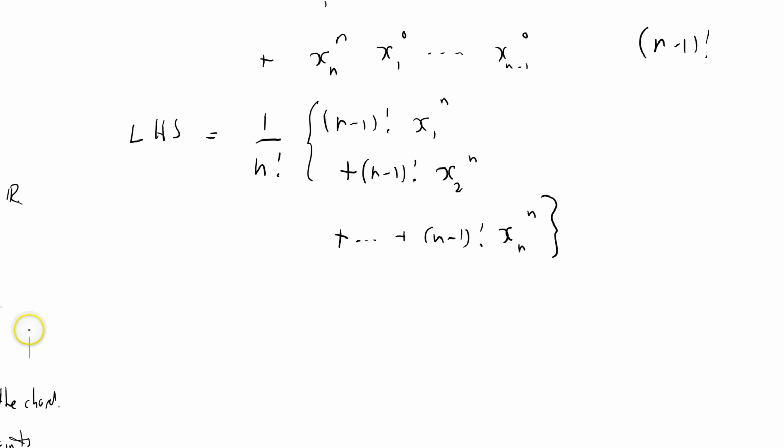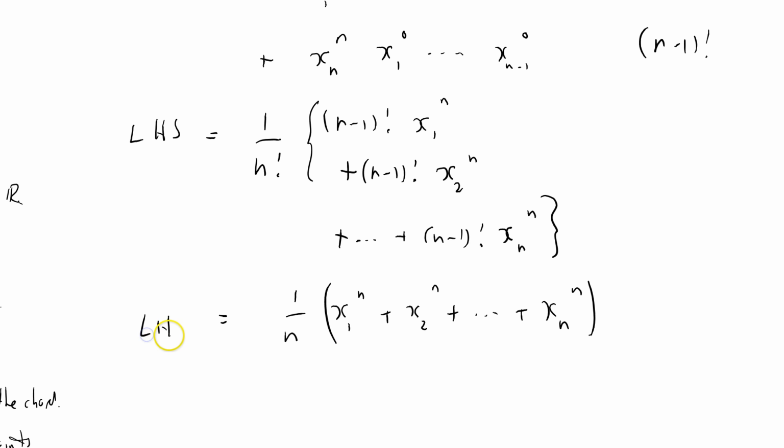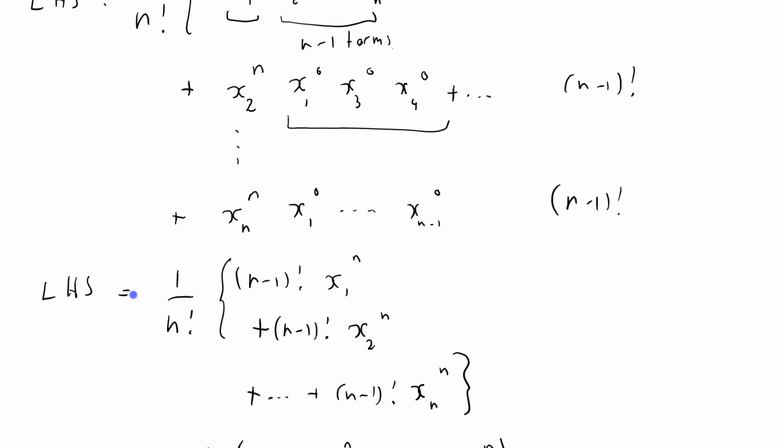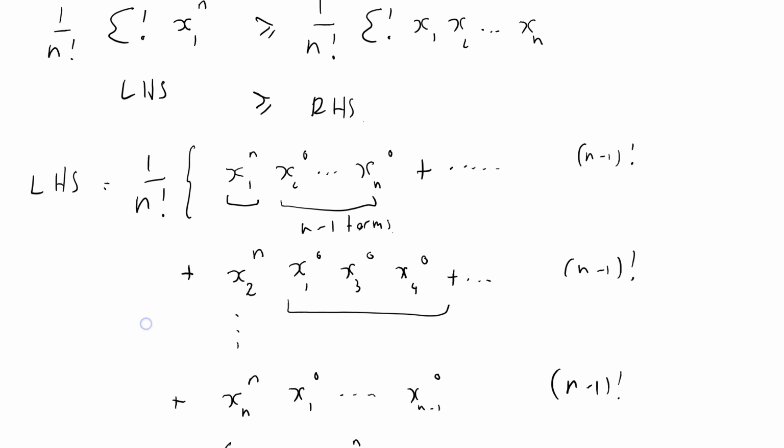Well, that's quite nice. That's just 1 over n times x1 to the n plus x2 to the n plus dot dot dot plus xn to the power n, all in brackets. That's the left hand side. What about the right hand side? Let's have a look at that.